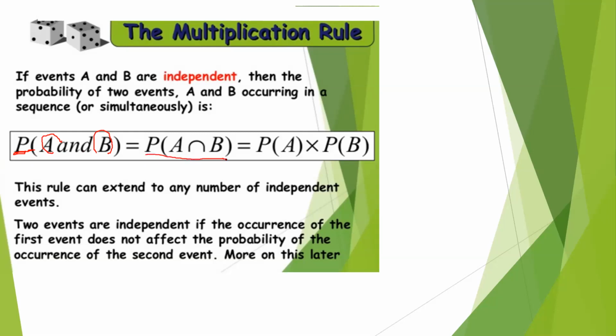We use this notation to represent this joint probability. If event A and event B are totally independent of each other, then the joint probability is easy. We just apply the multiplication rule to multiply the probability of event A by the probability of event B.